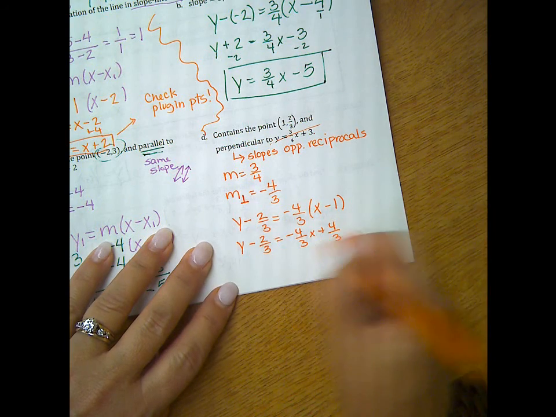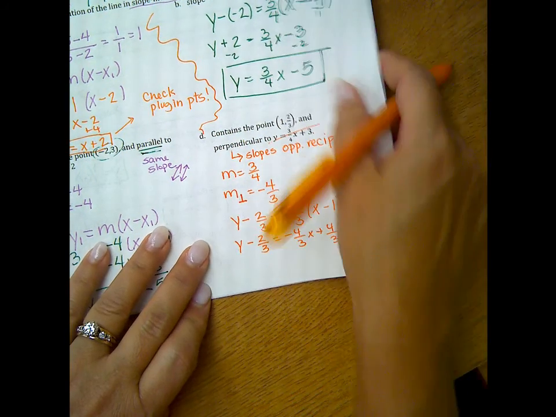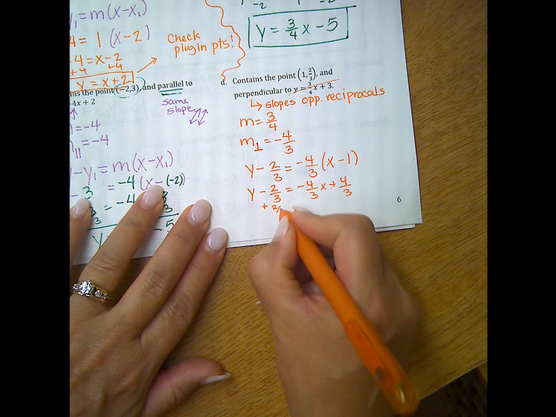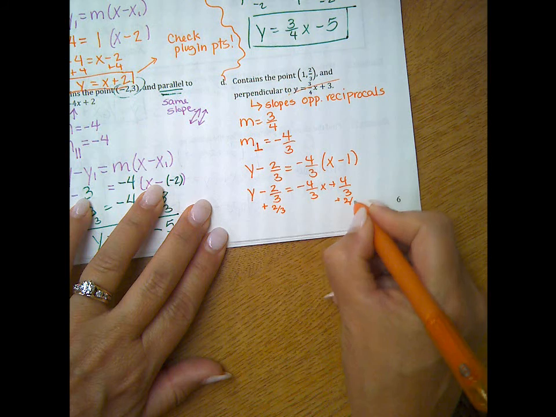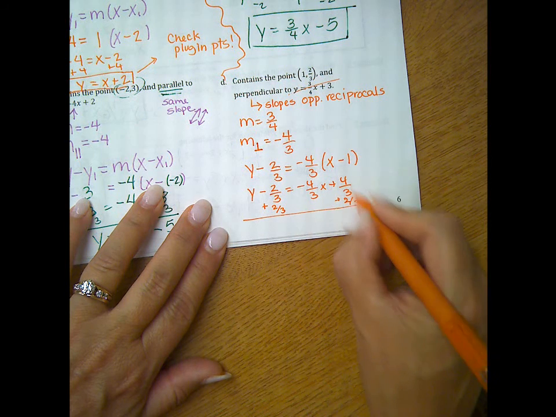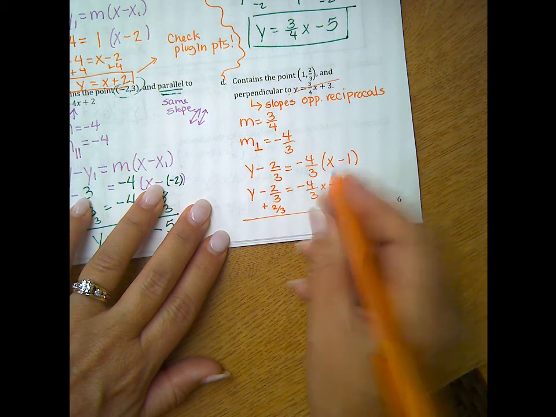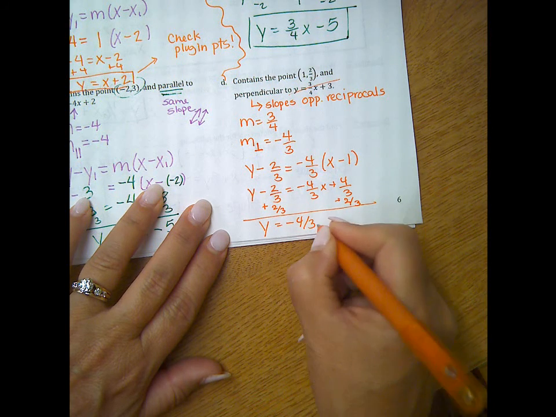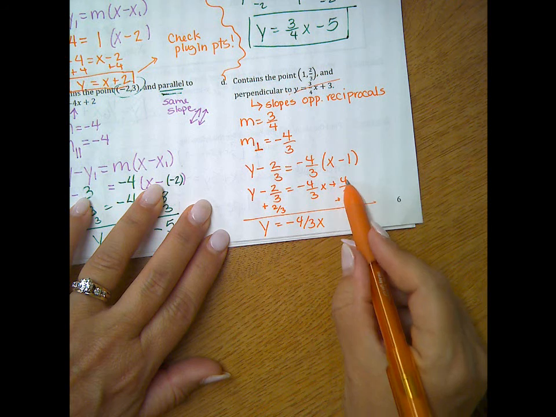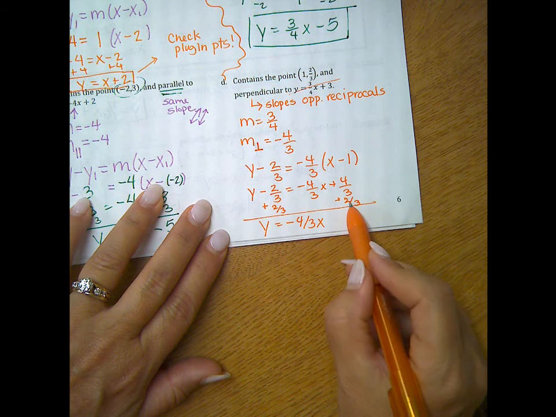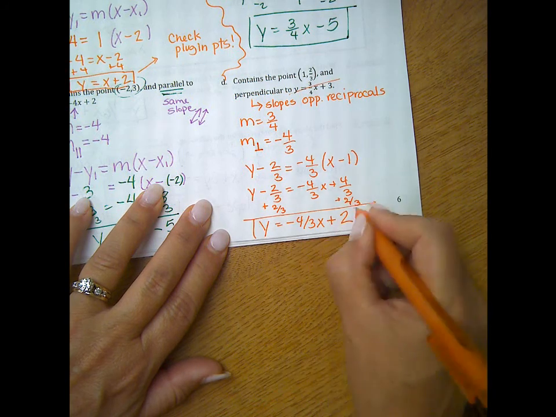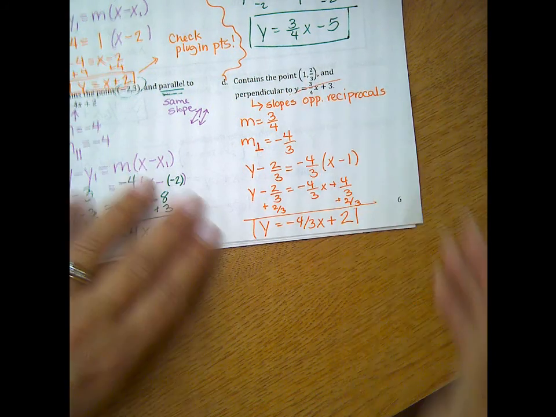Then if you want to, you can get rid of the fraction by multiplying by 3, but since we want y alone, let's just go ahead and add 2/3 to both sides. For adding fractions, make sure you have a common denominator, and y equals negative 4/3 x. And we get 4/3 plus 2/3 is 6/3, and 6/3 is just 2. But I can plug in this point and check to make sure that's correct.